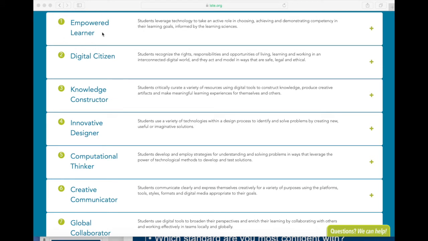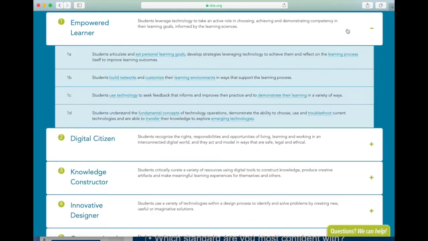Look at number 1 here, the empowered learner. Students leverage technology to take an active role in choosing, achieving, and demonstrating competency in their learning goals, informed by the learning sciences. So when we open this little square here, you can see there's like 1A, 1B, 1C, 1D. These are the standards.